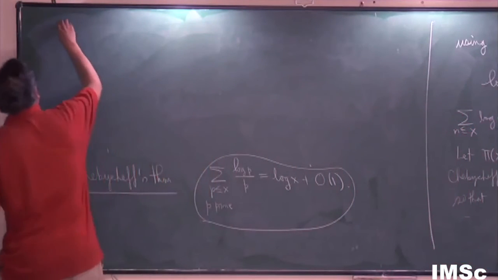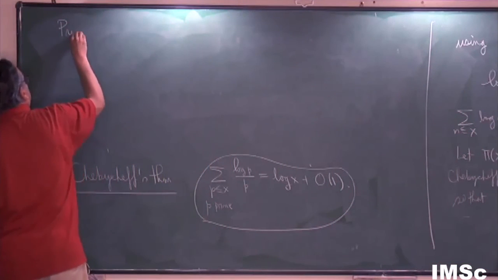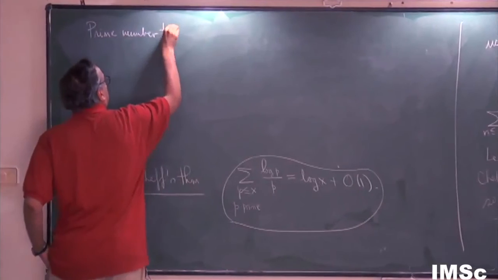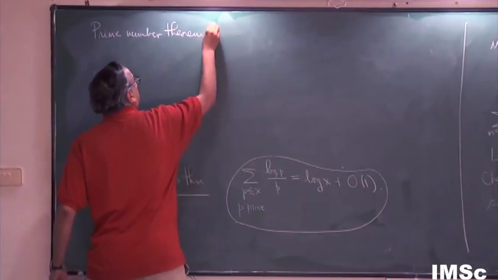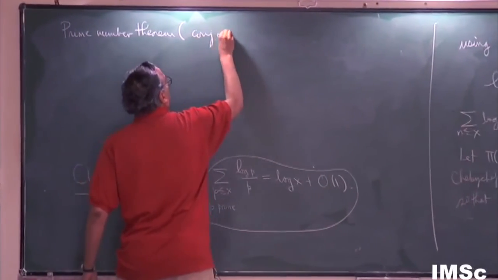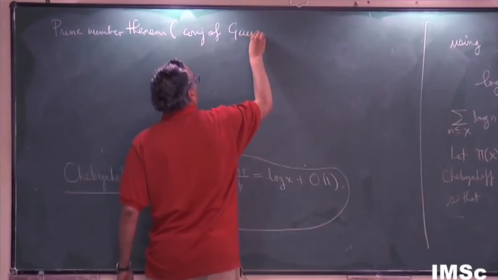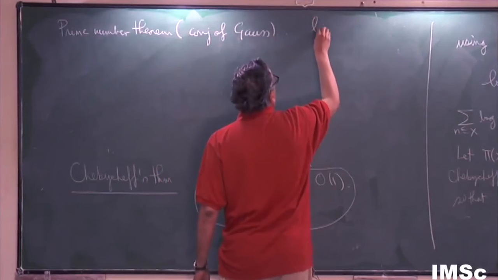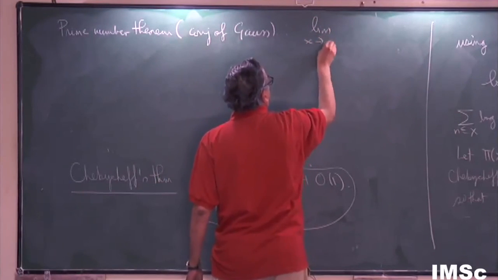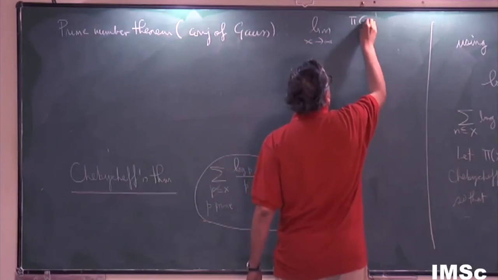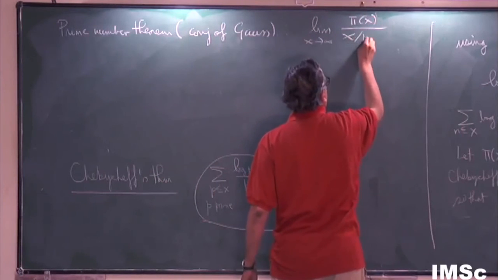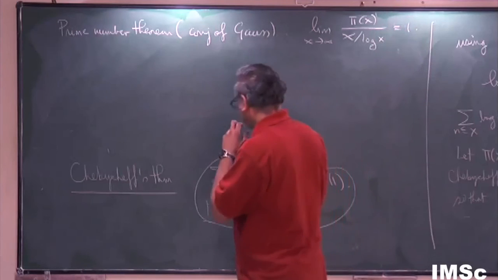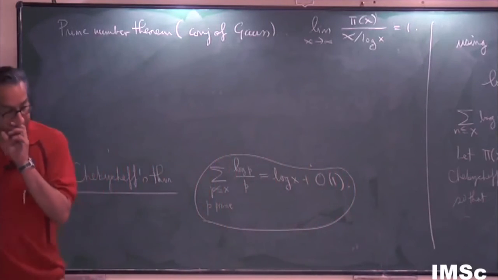The prime number theorem was a conjecture of Gauss. It says that the limit as x goes to infinity of pi of x divided by x over log x equals 1. That's the conjecture.